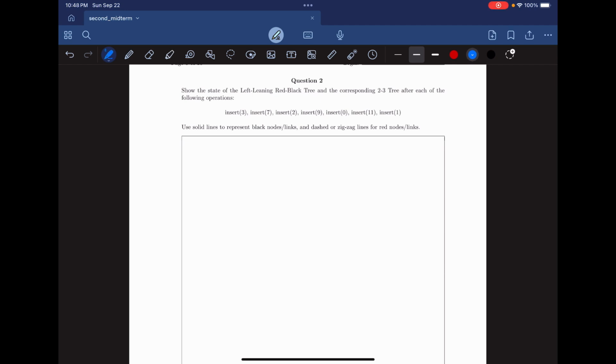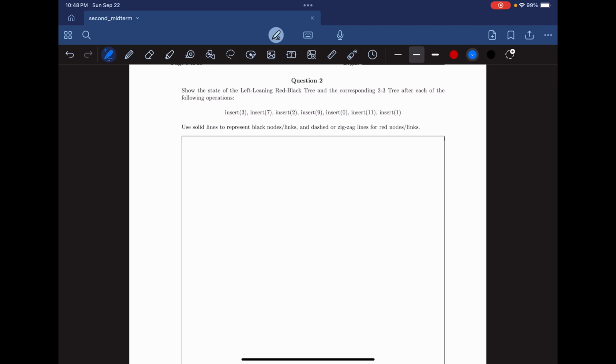We are supposed to show the state of a left-leaning red-black tree and the corresponding 2-3 tree after each of the operations. So in general, you can insert things directly and look at them as a left-leaning red-black tree from the start. Like you could insert 3, 7, 2, 9, 0, 11, and 1 into a left-leaning red-black tree and just add them right there.